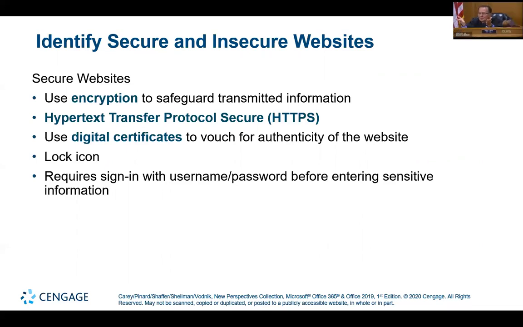Hypertext Transfer Protocol Secure, or HTTPS, is the one that you're going to be looking for. If you don't see that at the beginning of the web page, do not enter any information that is personal to you. No security numbers, no bank site numbers, no phone numbers, no social security numbers. Okay.